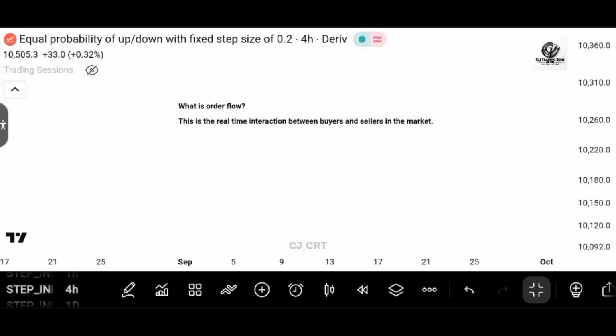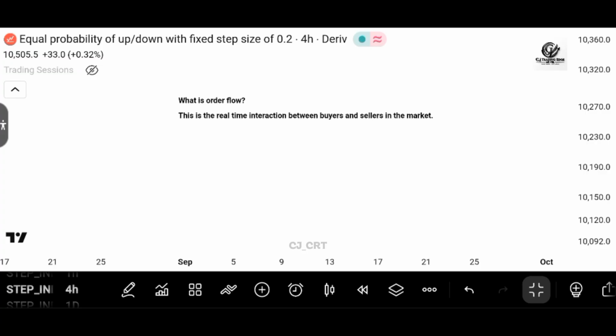Now I want you to understand something. Reading order flow within CRT. As a CRT trader, we can use order flow as additional context rather than treating it as a standalone entry model. For example, you have a 4H CRT range.